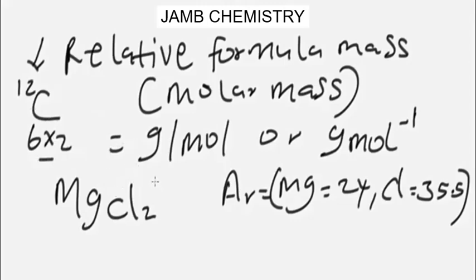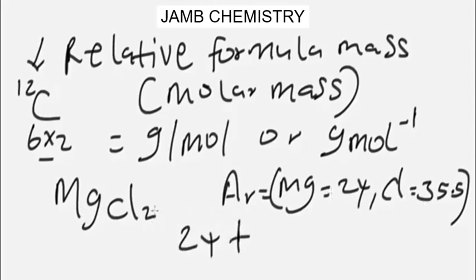To find the relative formula mass or molar mass of a compound, all you have to do is add up all the relative atomic masses of the atoms in the compound. For magnesium chloride, the relative atomic mass of magnesium is 24, and we have one atom of magnesium here, so we will not multiply it by any number, just 24, plus that of chlorine, which is 35.5.